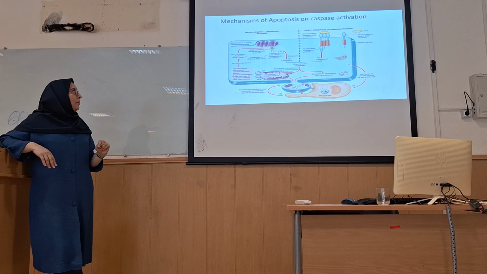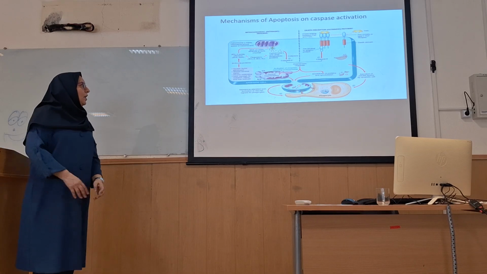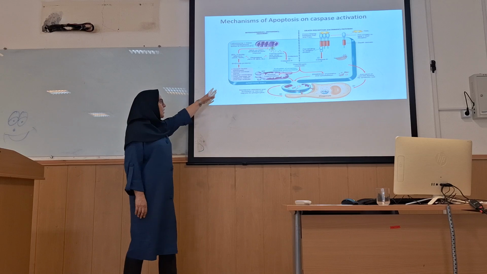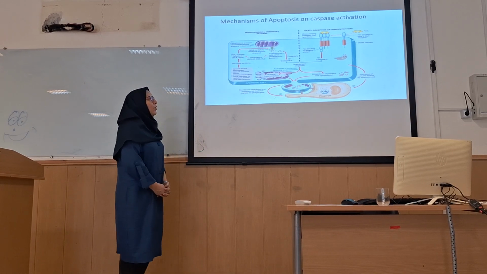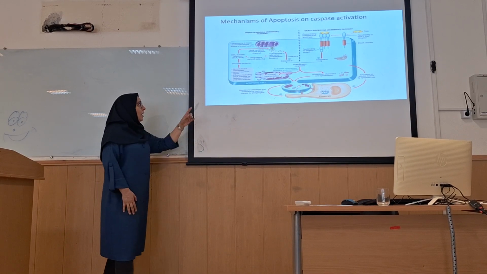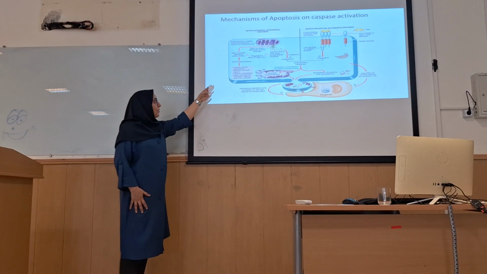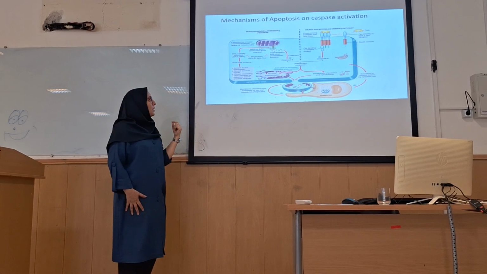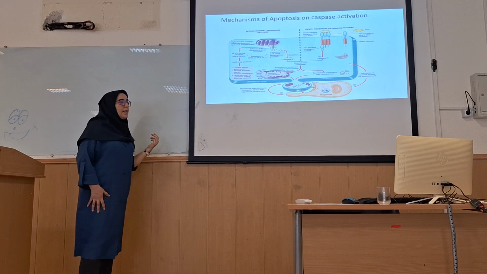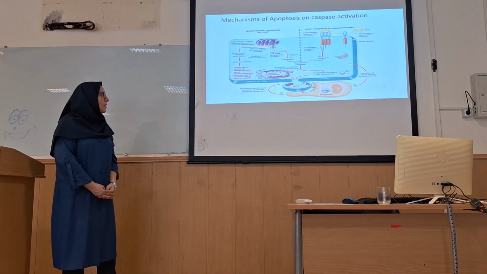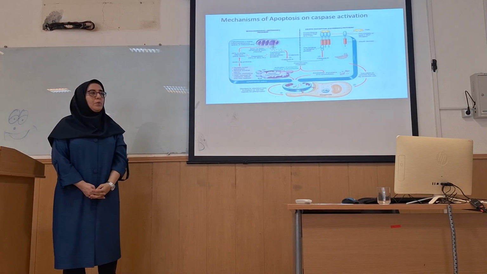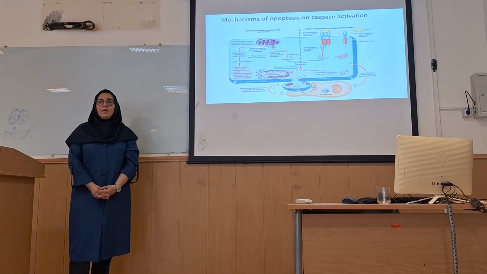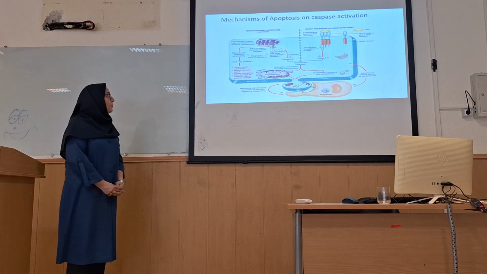The mitochondrial pathway is the main pathway for apoptosis. In growth factor withdrawal, absence of survival signals, protein misfolding, DNA damage due to toxins, free radicals, or radiation, we have activation of BH3 family proteins.